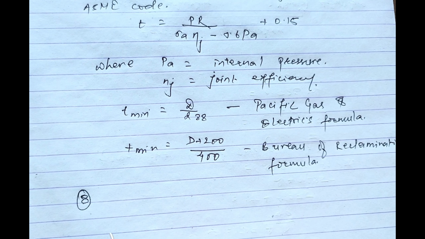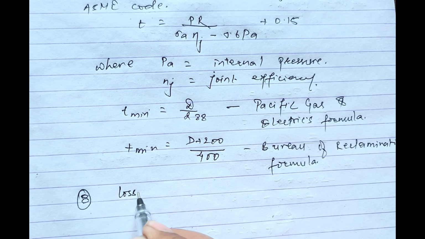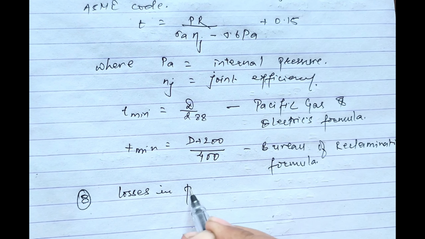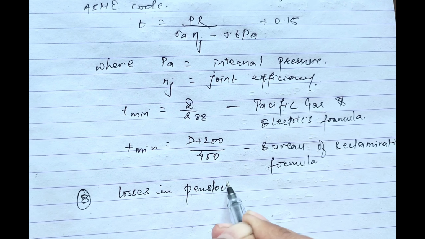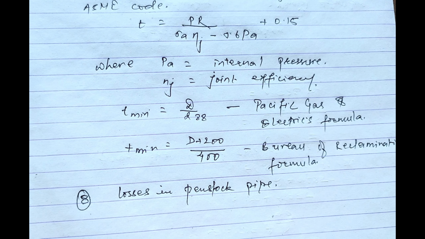After this, we will talk about the head loss in penstock pipe. Total head loss in a pipe is a sum of major losses and minor losses.